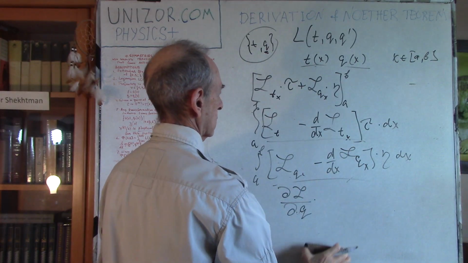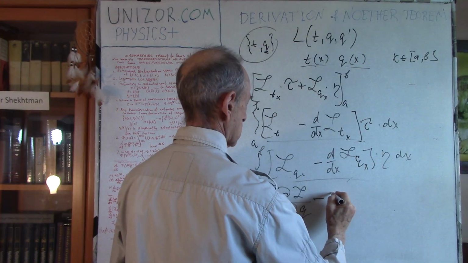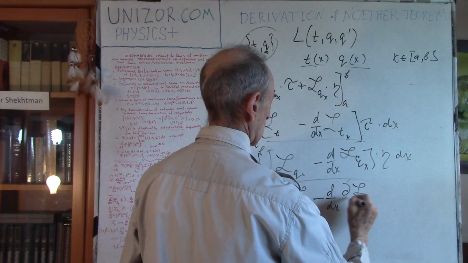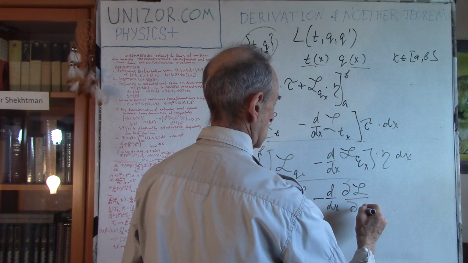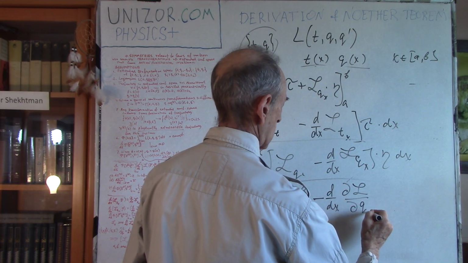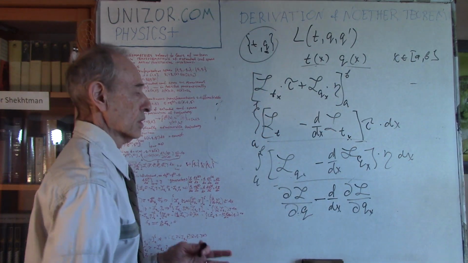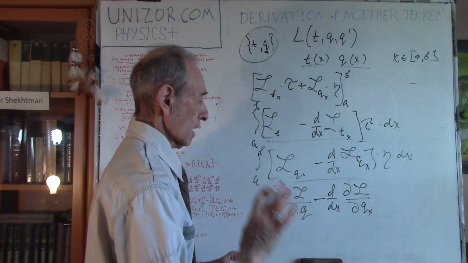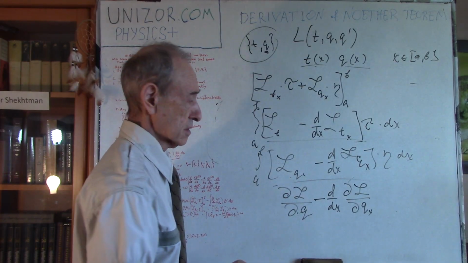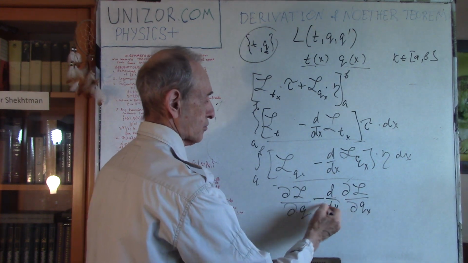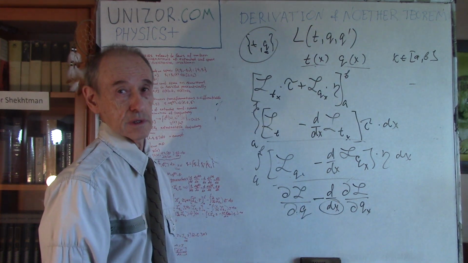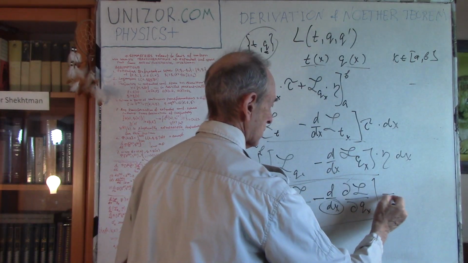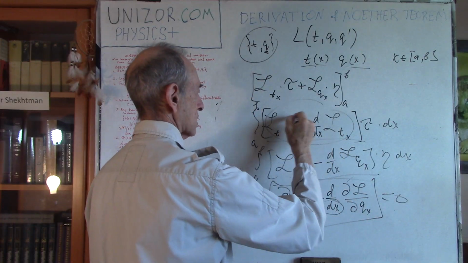Minus d by dx, dL by dqx. This is Euler-Lagrange equation, but instead of parameter t, I'm using parameter x, and that's the only difference. Which means the whole thing, this thing, is equal to 0, as well as this thing is equal to 0.